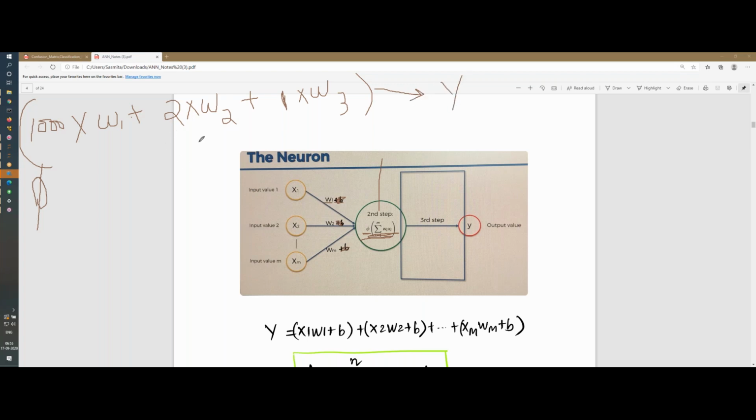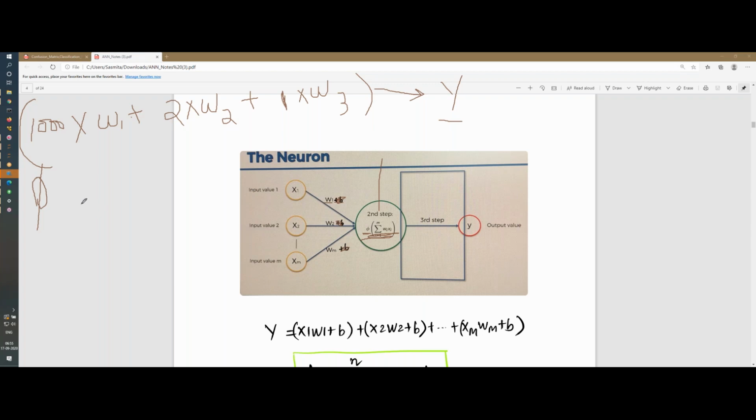So this is w1 x1 plus w2 x2 plus w3 x3. When we sum everything and pass that sum through the activation function, I get my output, that is my y.